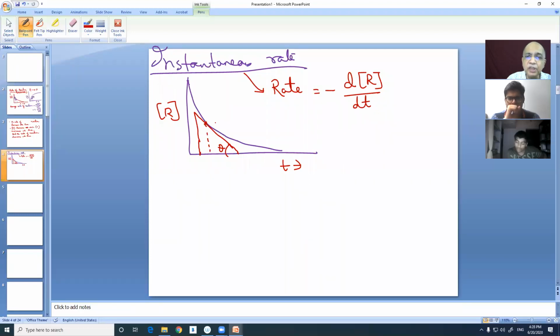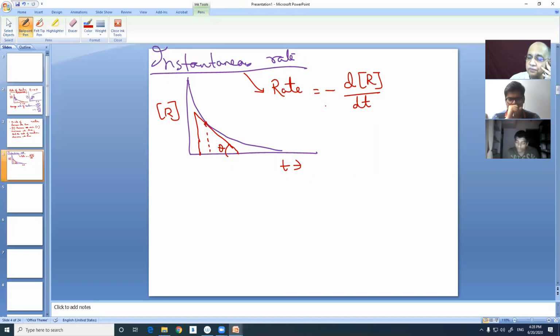Then anybody asks you what is the rate at this time, then you draw a tangent at that point and then take the slope of that line, that tangent, that value will be the instantaneous rate with respect to reactant. Since the slope is negative, therefore another negative sign is there to make the rate positive.